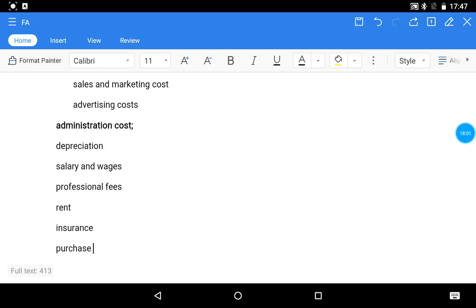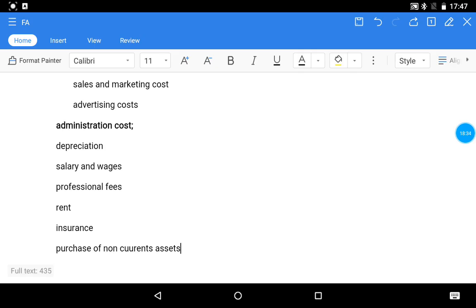You can say purchase of non-current assets. You bought your land, you bought your vehicle, you bought whatever, as long as it is a non-current asset, one will record it under administration expenses. So you are using business money to buy your things.